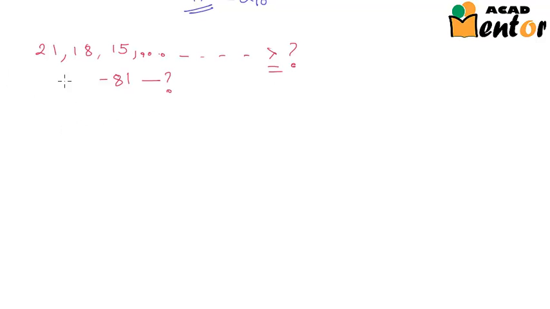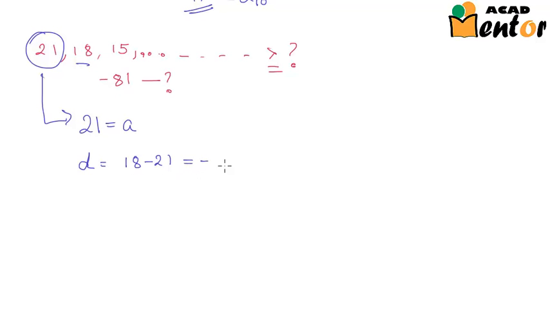Again, it's clear that the first term a is 21. The common difference d would be 18 minus 21 and not 21 minus 18, because 18 comes after 21. So 18 minus 21, that is minus 3. Now we know that the nth term an is minus 81.